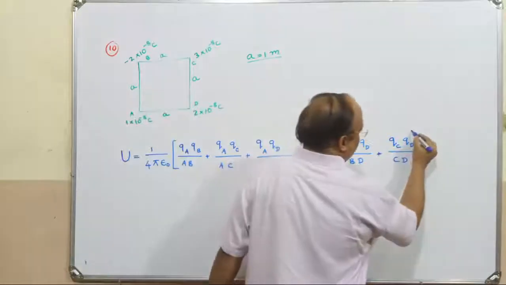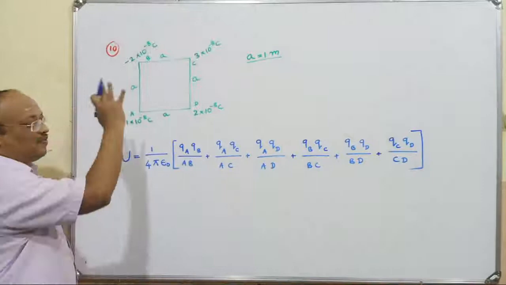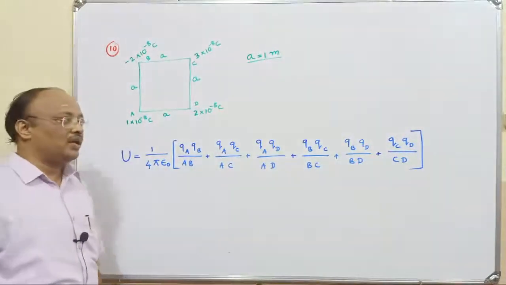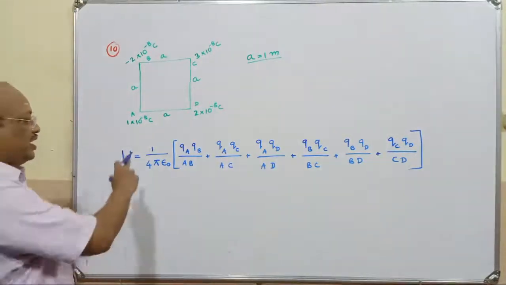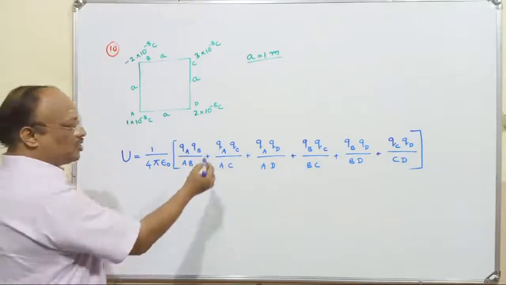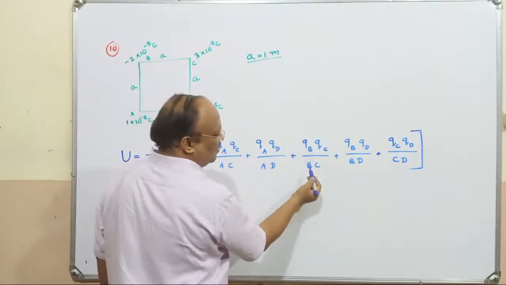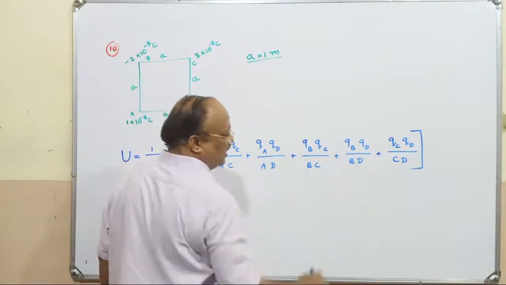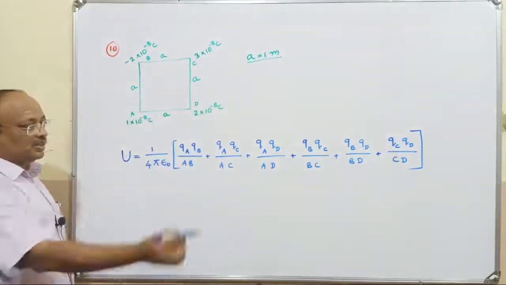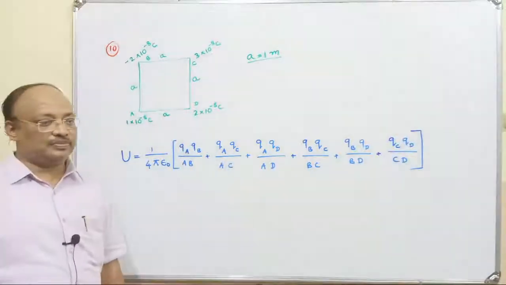So this becomes your formula for potential energy for a 4 charge system. It is 1 by 4 pi epsilon naught times QAQB by AB plus QAQC by AC, QAQD by AD, QBQC by BC, QBQD by BD, QCQD by CD.